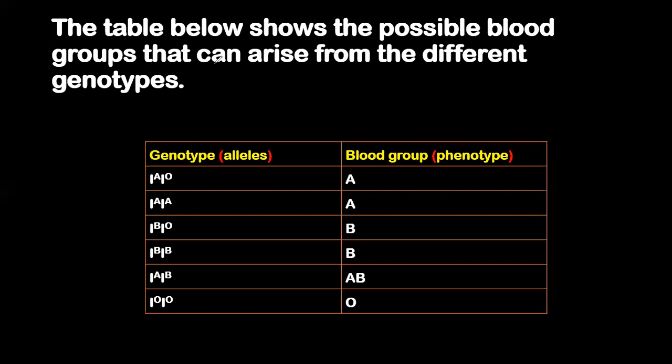The phenotype of AB is AB, and the genotype of AB is AB. So we use these blood groups to determine the real father of the kid, or whether you are the real father or not.